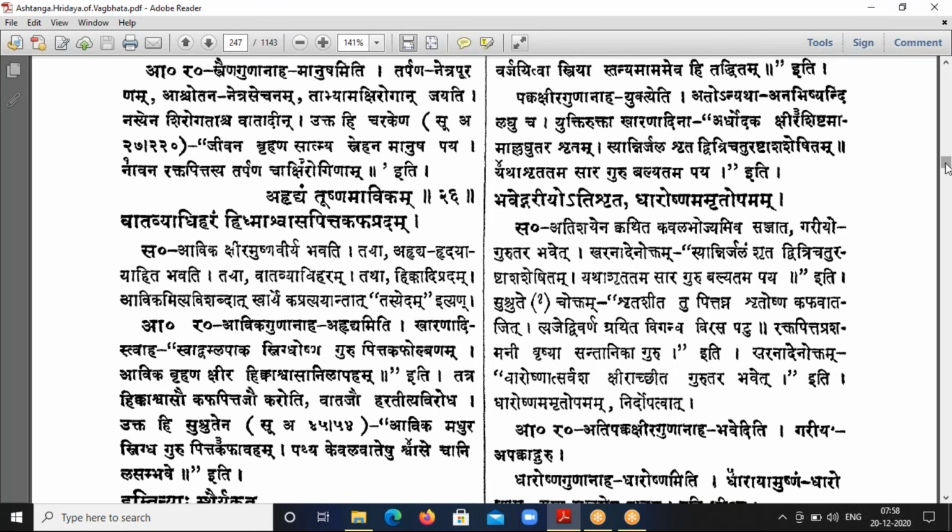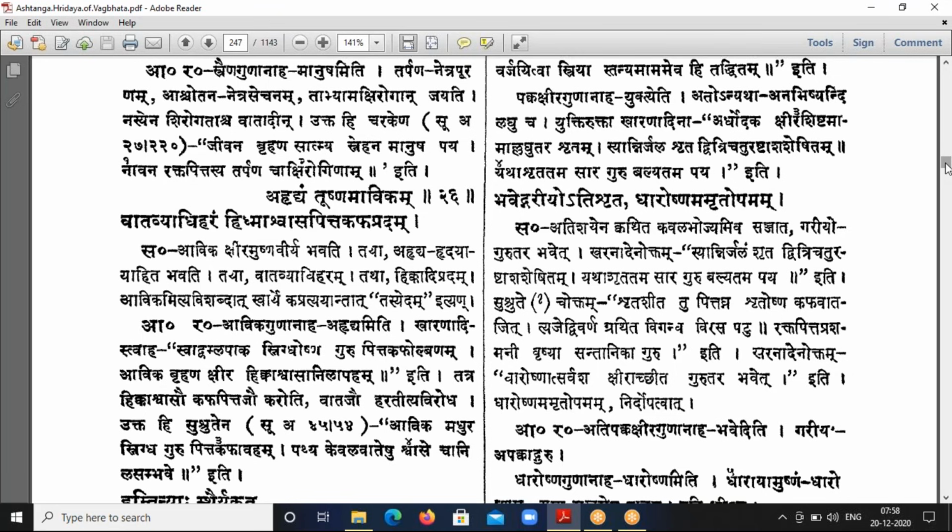Dharoshnam amritopamam: that is, milk that is taken or milked and used immediately. That is the dharoshnata. But there are differences in opinion about this dharoshnata as well.